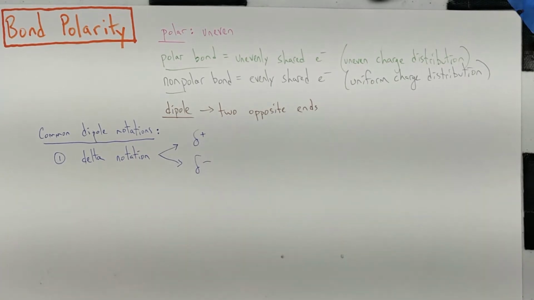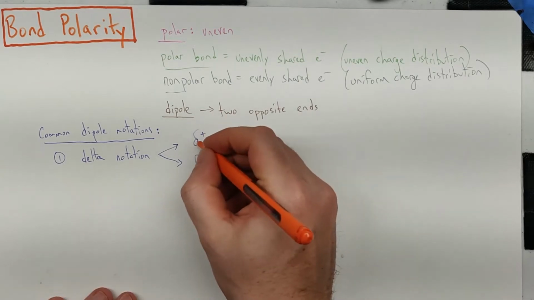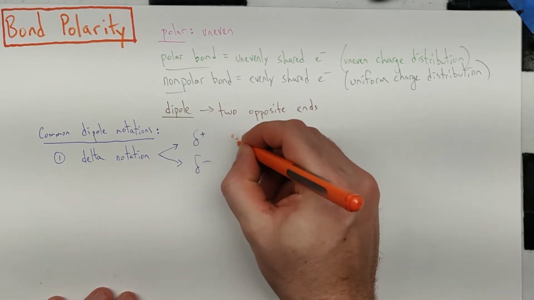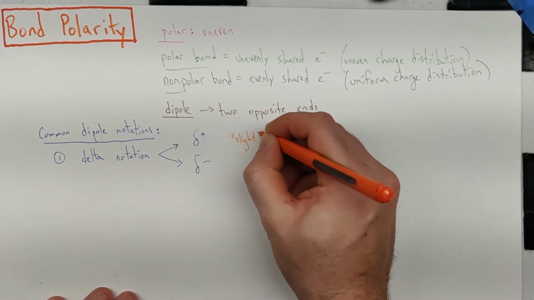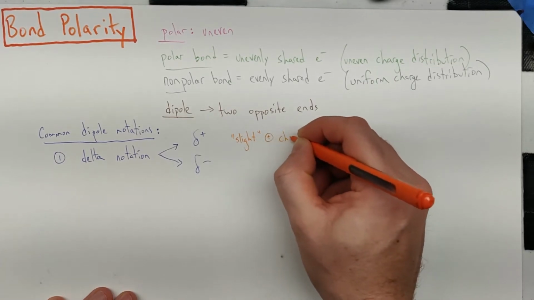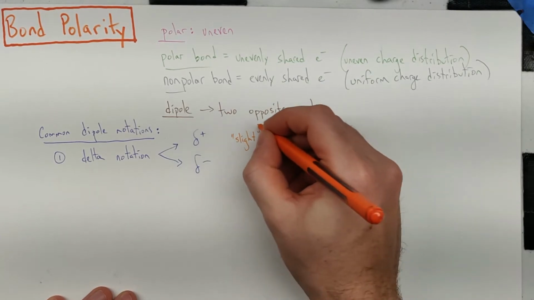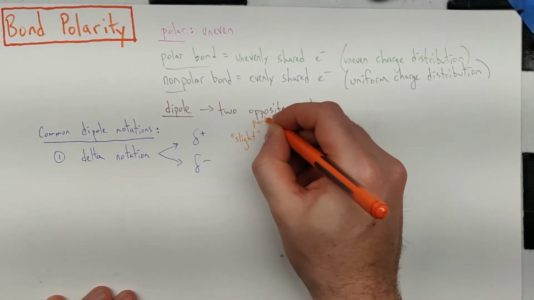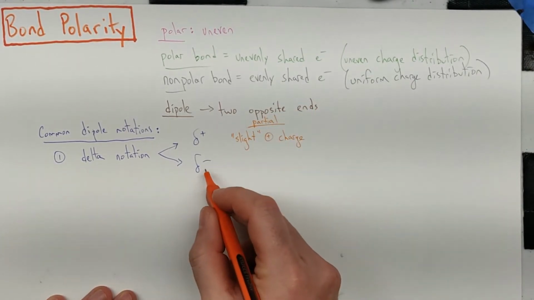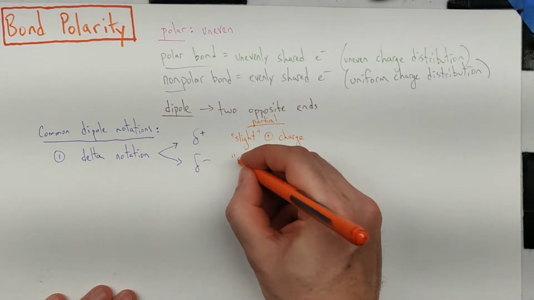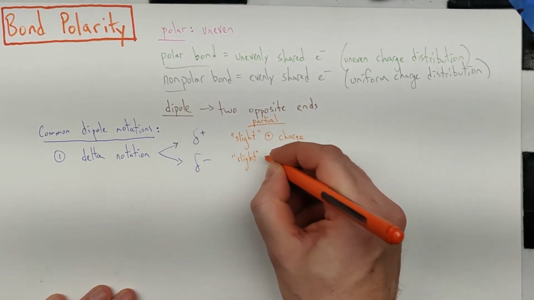So what do these things mean? Well, a delta plus means we have a slight positive charge. We could say it's partial. And with a delta negative, that's a slight negative charge.